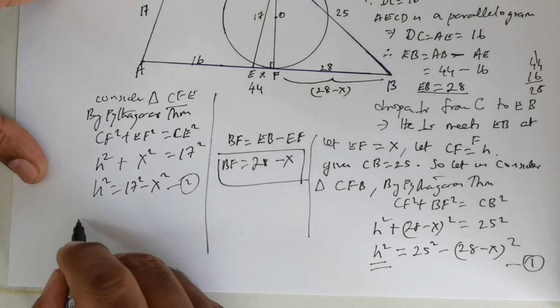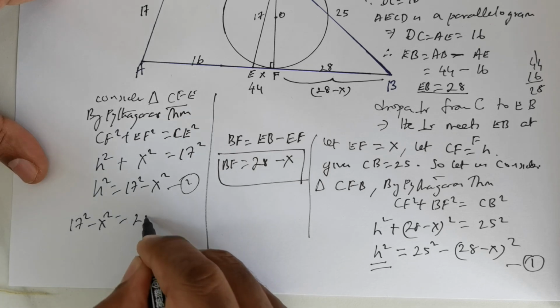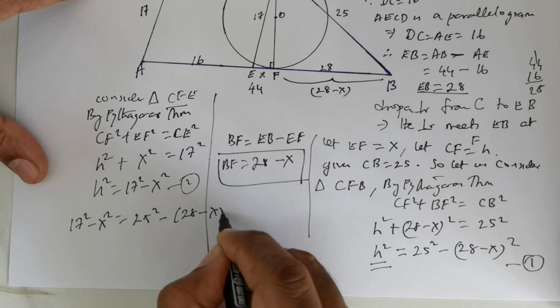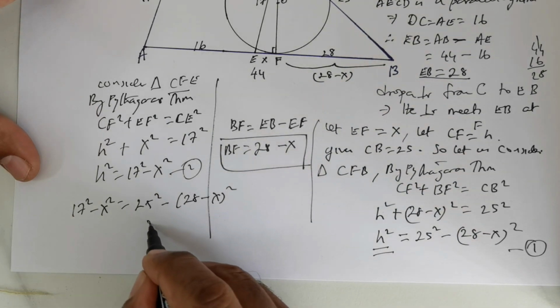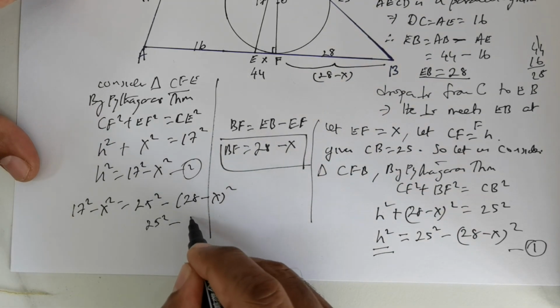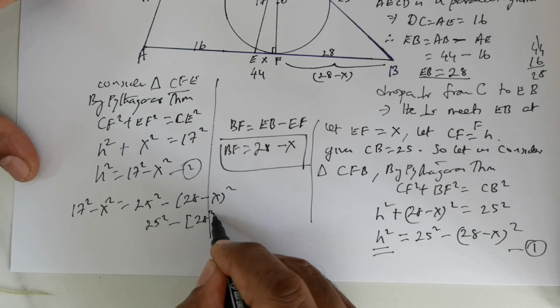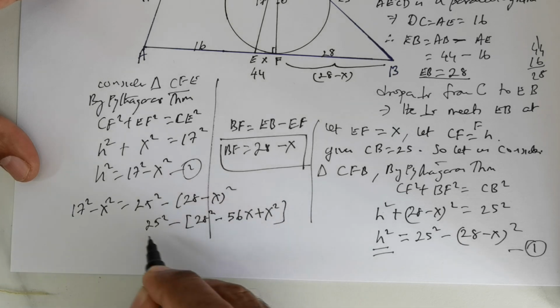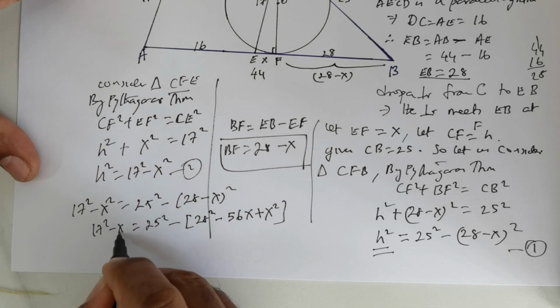So this is going to be 17 squared minus X squared is equal to 25 squared minus the quantity 28 minus x, the whole squared. So you want to expand this, you get 25 squared minus 28 squared plus 56x minus x squared, which is equal to 17 squared minus x squared.